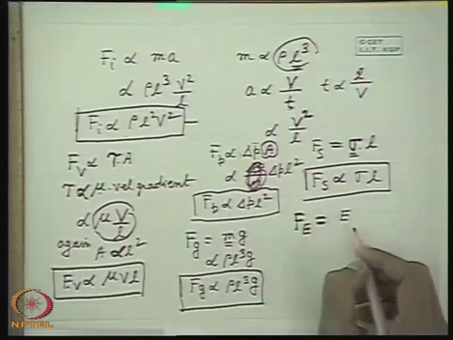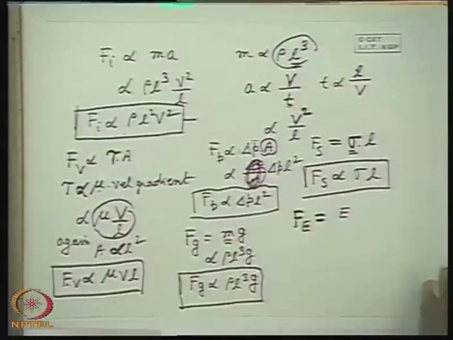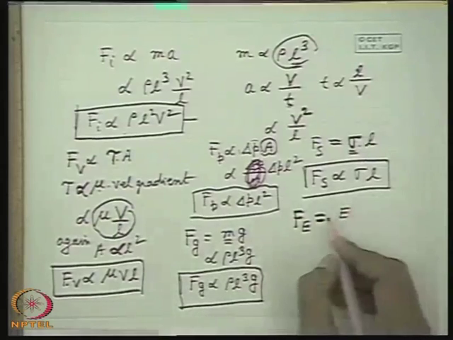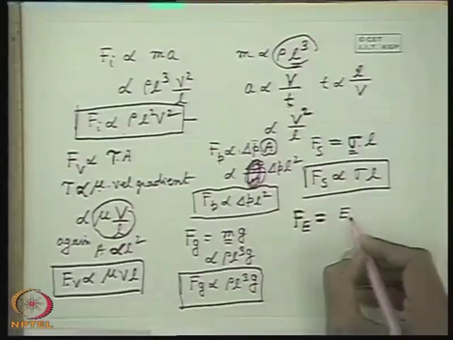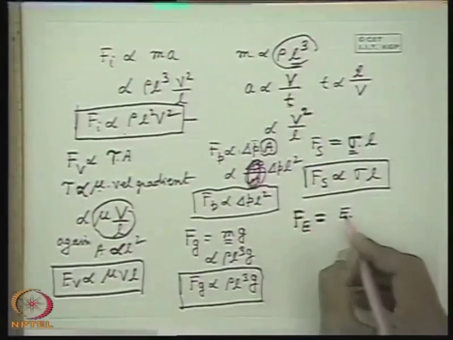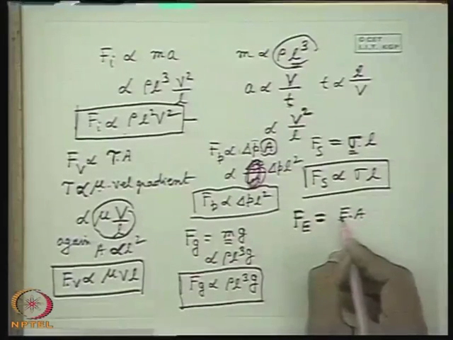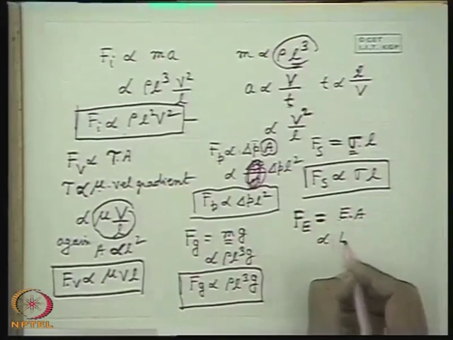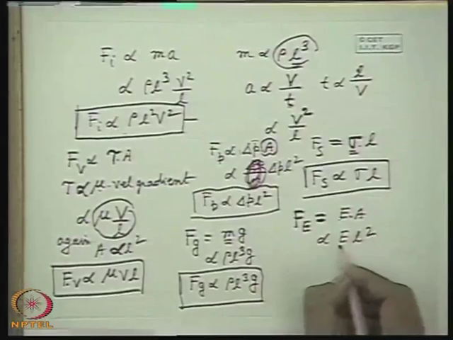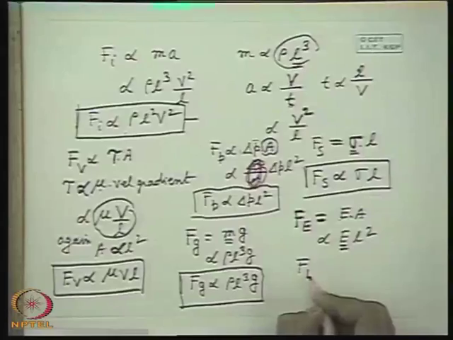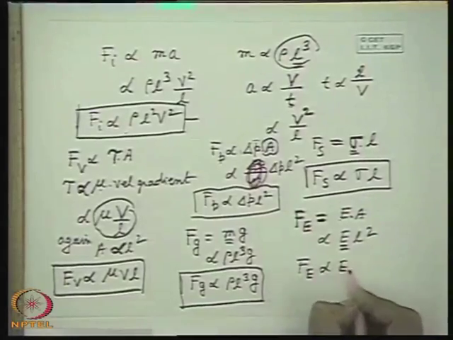The analysis of compressible flow is beyond the scope of this syllabus, but you must know that in case of compressible flow, the elastic force comes into picture, which is bulk modulus of elasticity into area. The force is proportional to E L square. E is one of the properties, the bulk modulus of elasticity of the fluid. So elastic force is proportional to E L square.